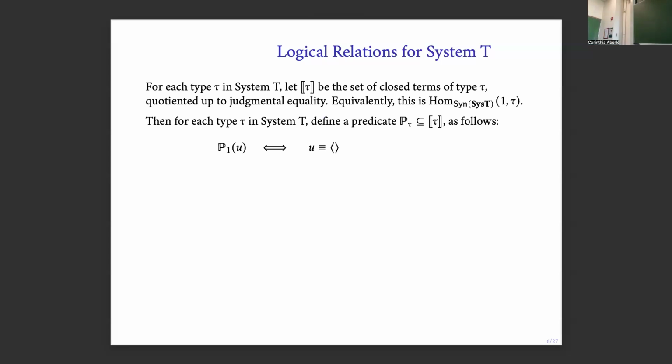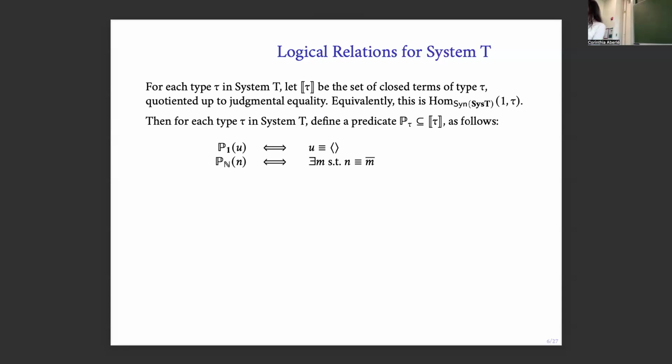So first, if something has unit type, it's in the predicate just in case it's equal to the unit element of type 1. If it's an element of the natural number type, then it's in the predicate precisely if it is judgmentally equal to some numeral representing a meta-theoretic natural number.